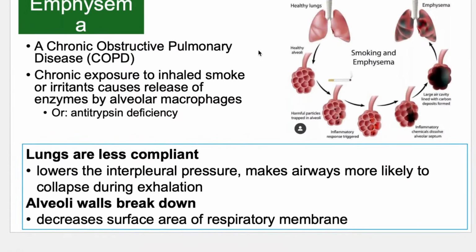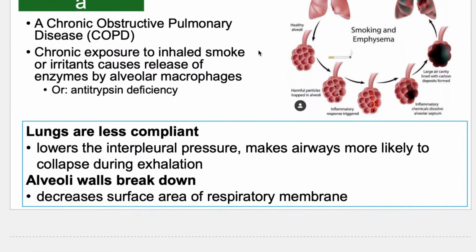It releases trypsin, which is the enzyme that's destroying tissue. So if someone has an antitrypsin deficiency, these enzymes would run rampant and just destroy lung tissue.